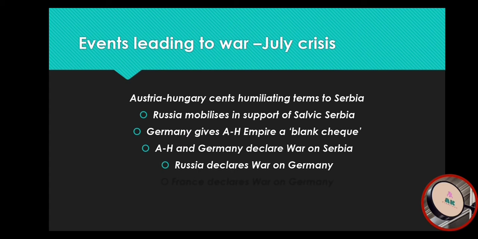Don't get confused here. Russia and France declared war on Germany because Germany was helping Austria-Hungary, since they had signed a treaty and had to support each other.